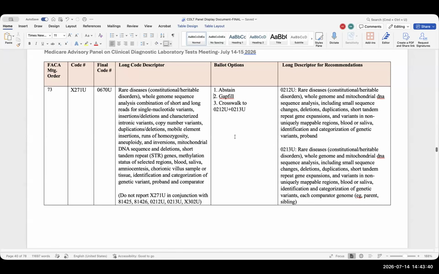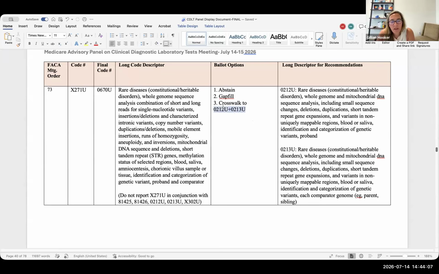The gap fill we want to submit for this one is 0212U twice, because we're doing dual sequencing, plus 0213U for a comparator. So we would like to ask the committee to add another crosswalk option of twice the 0212U plus 0213U.